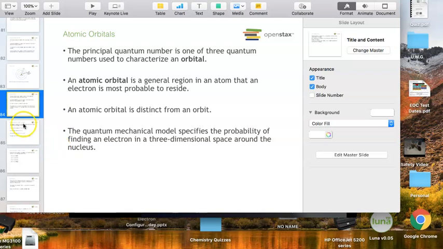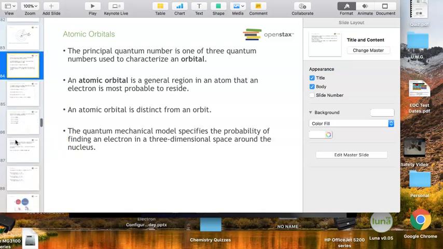All right, so what are orbitals? For atomic orbitals, the principal quantum number is one of 3 quantum numbers used to characterize an orbital. An atomic orbital is a general region in an atom where an electron is most probable to reside. An atomic orbital is distinct from an orbit.